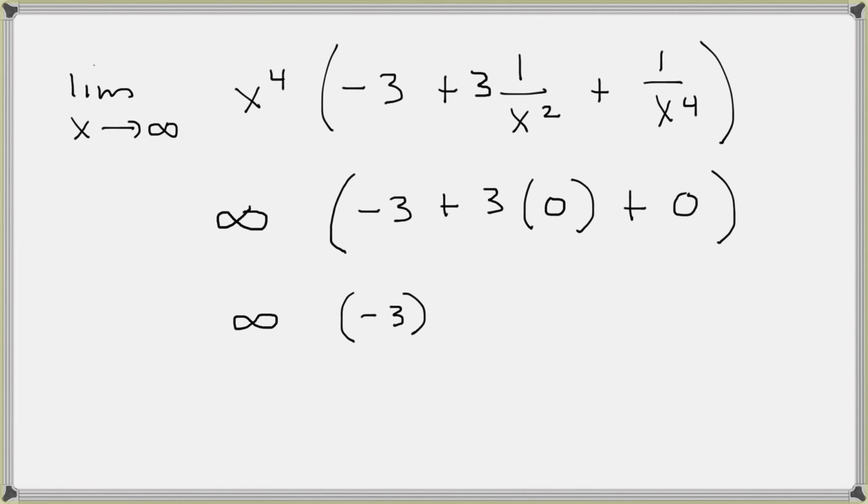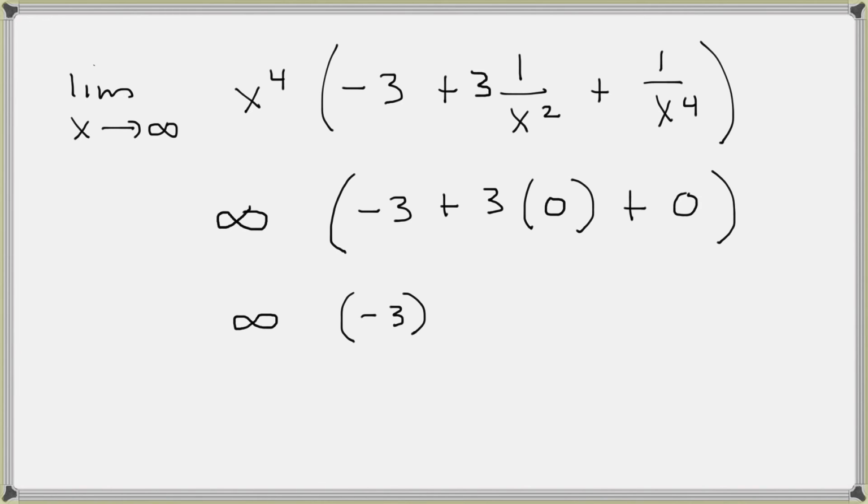So what's happening here is that x to the fourth is getting really, really large as x goes to infinity. It'll be a really big positive number, and then I am multiplying that by a negative number. So really what I have here is a positive number times a negative number, and in absolute value, it will be really, really big.